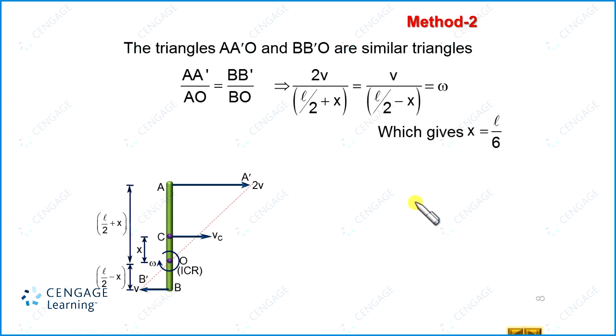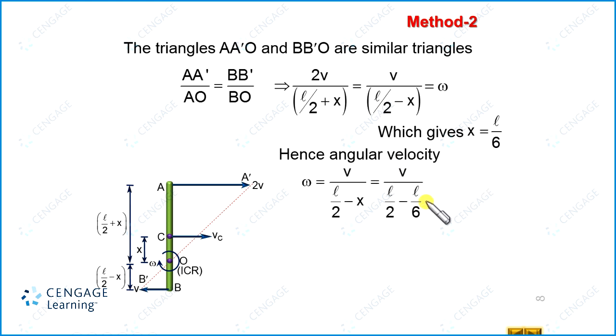So let us write this value of x. Now we can write the expression for the angular velocity. We can find the angular velocity if we substitute the value of x in any of the equations. So omega equal to V divided by L by 2 minus x, and x equal to L by 6.